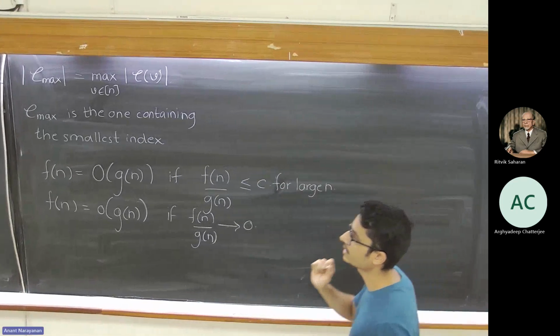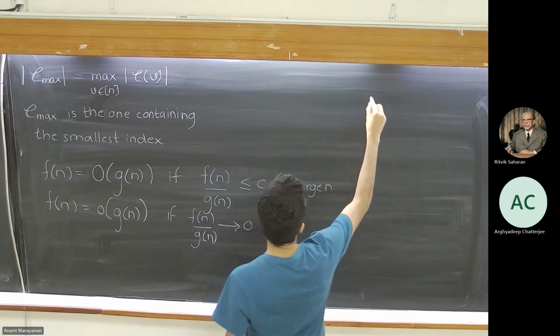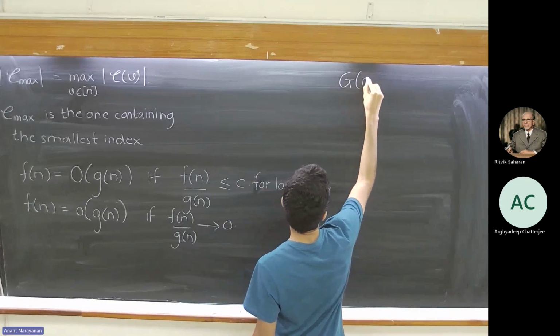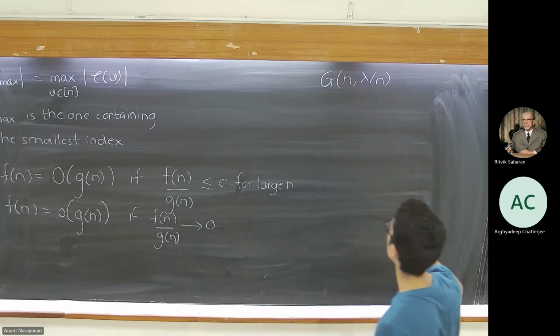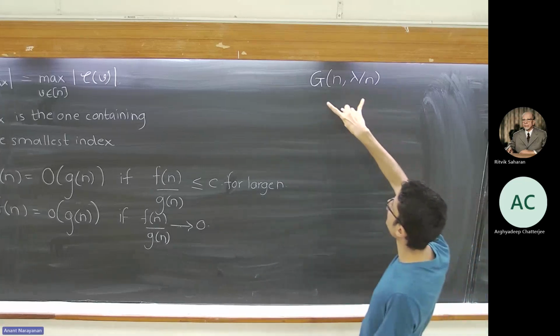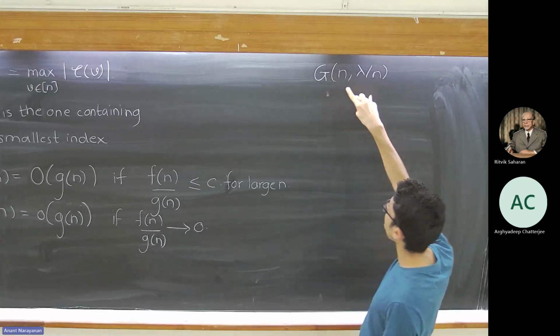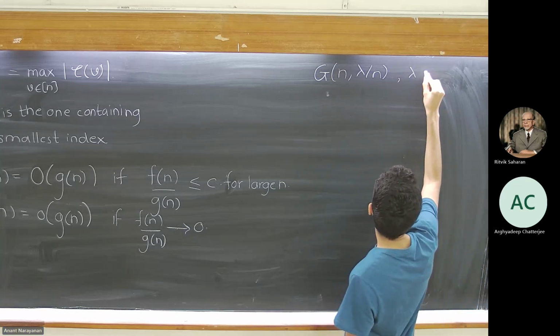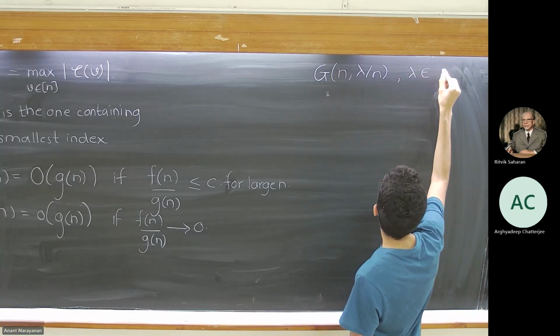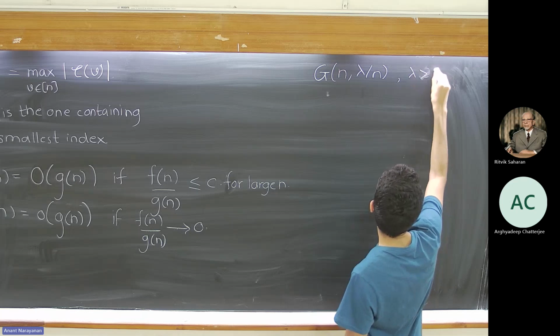So what I want to study is G(n, lambda/n). I want to study the evolution of this graph as n increases. I'll fix some parameter lambda, lambda greater than zero.